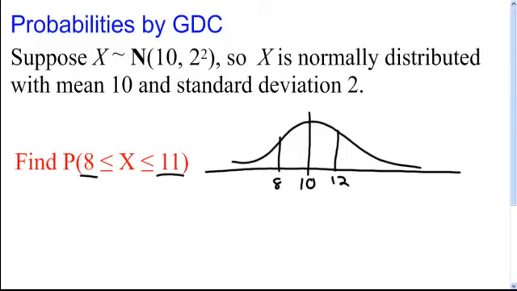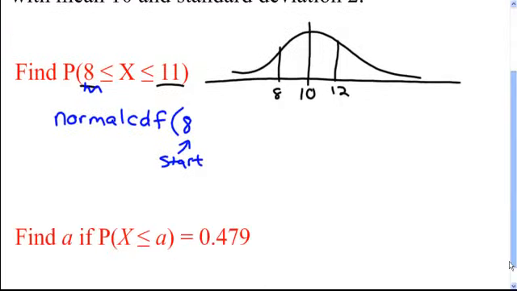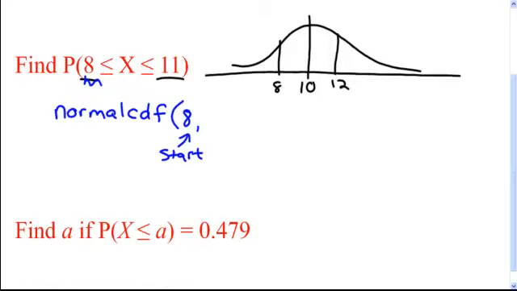If I'm finding a range of values, what I'm going to be punching into my calculator is as follows. I have to find my normal CDF. And then it's going to be the starting number, which is 8. It starts at 8. So this is the start, comma, I'll come back to that one in a minute.